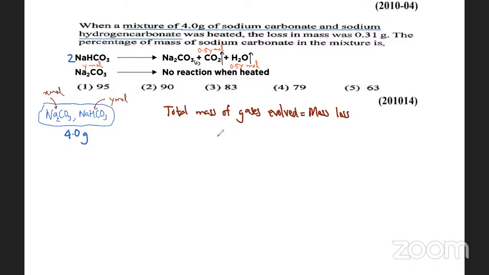What is the total mass of gases evolved, people? That is mass of carbon dioxide and mass of water. That is equal to the mass loss, given as 0.31. Mass of carbon dioxide is number of moles multiplied by its molar mass. Mass of water is number of moles multiplied by its molar mass.